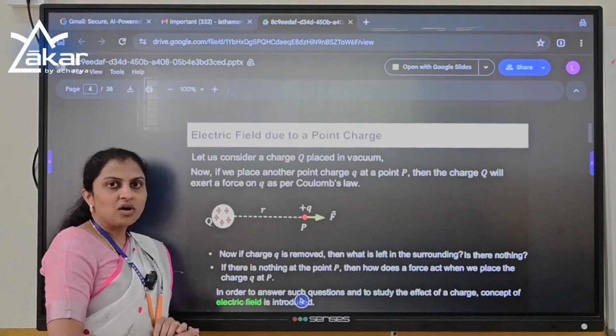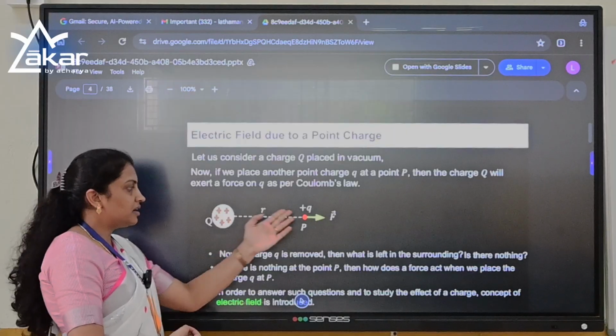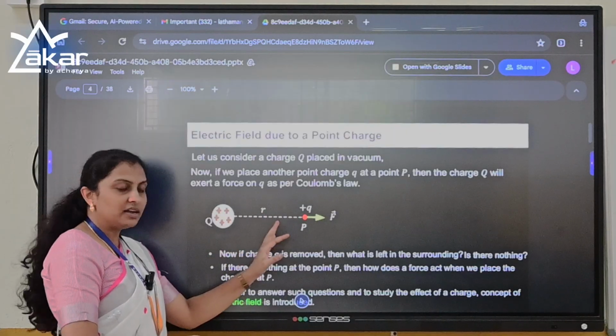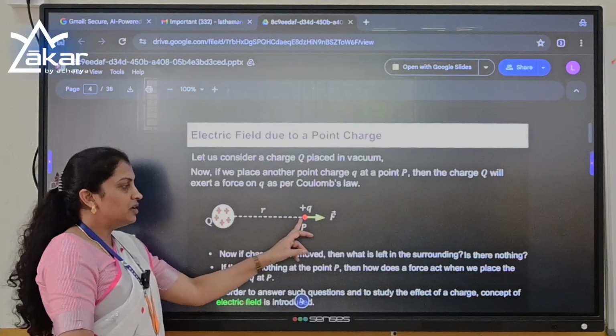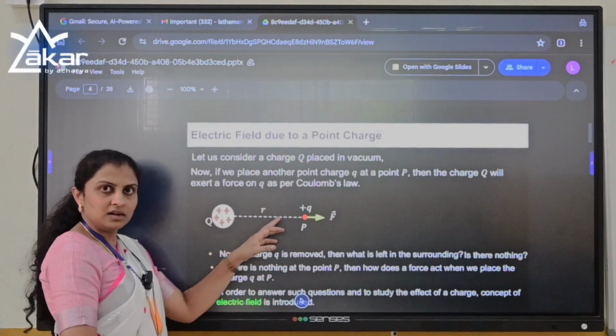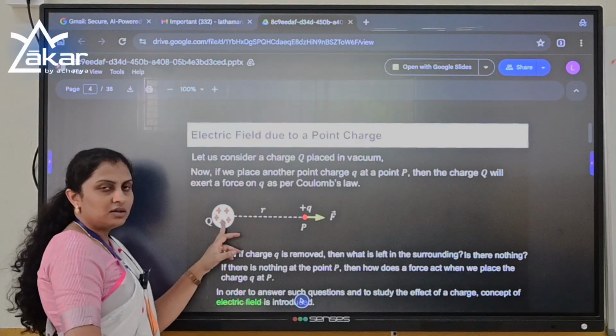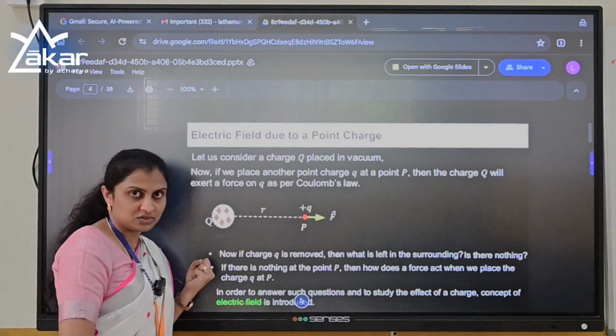So test charge is always positive. When you take a point charge, you can take a test charge or unit positive charge. If this is plus and the unit positive charge is also plus, it repels. And if you take a negative charge and the test charge, it experiences a force.